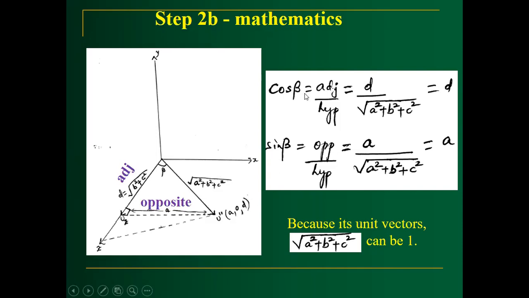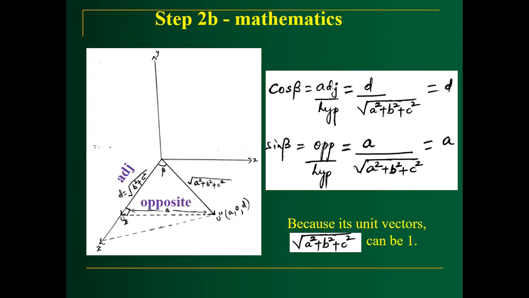Cos beta is adjacent by hypotenuse. Adjacent is d, which is equal to square root of b square plus c square, divided by the hypotenuse. What is the hypotenuse? This is a, and this is the square root of b square plus c square, so the square root of this square plus this whole square. The square root and the square cancel, so it becomes b square plus c square. So it is essentially d divided by root of a square plus b square plus c square.